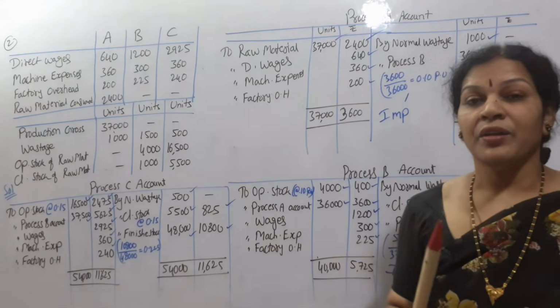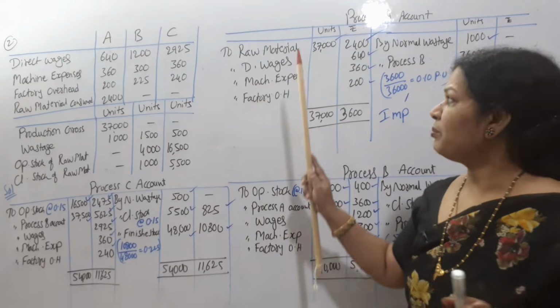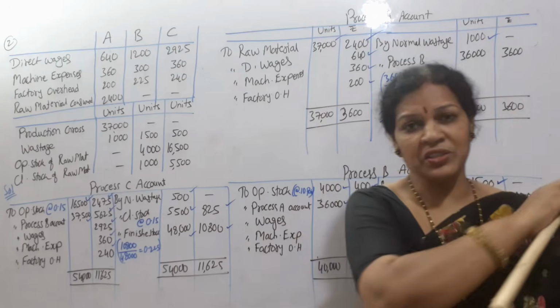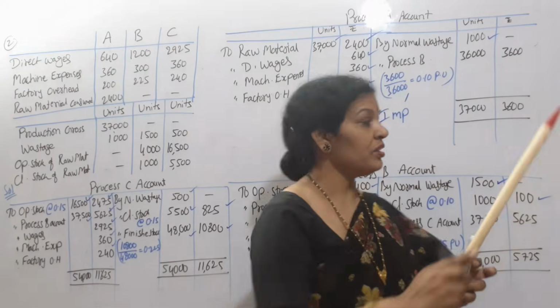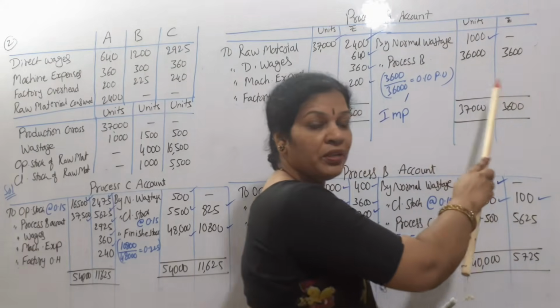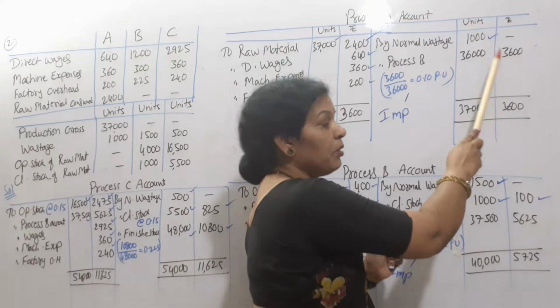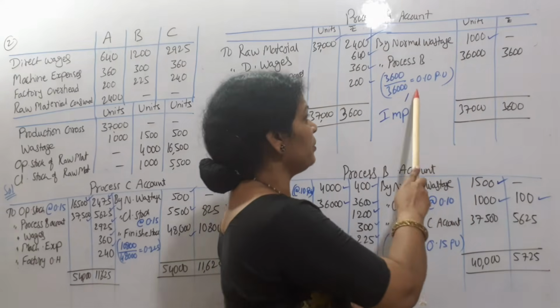Now in this problem, what we have done is simply write raw material, normal expenses and normal wastage on the credit side. The important thing is that when it comes to the closing balance, you have to calculate per unit. Per unit means this amount divided by units, and you get the per unit cost.